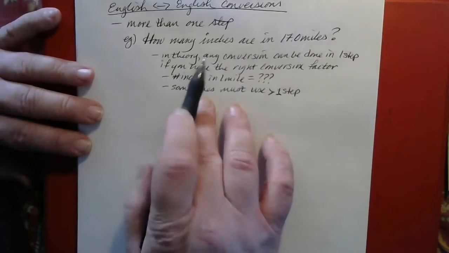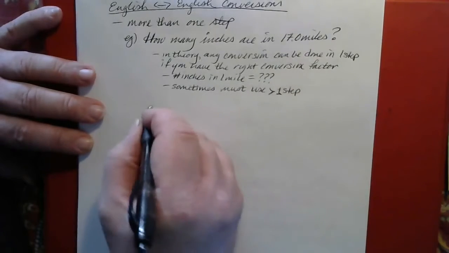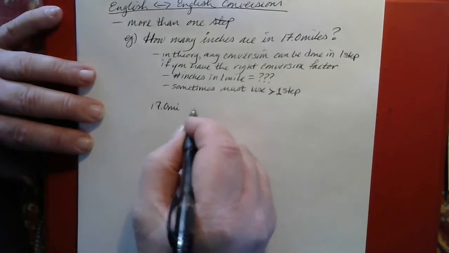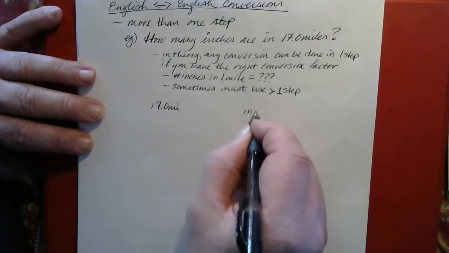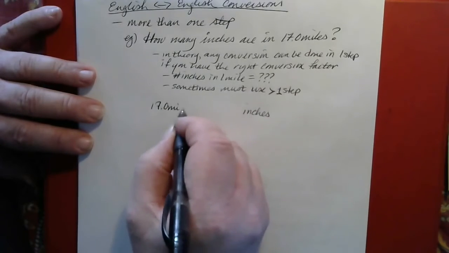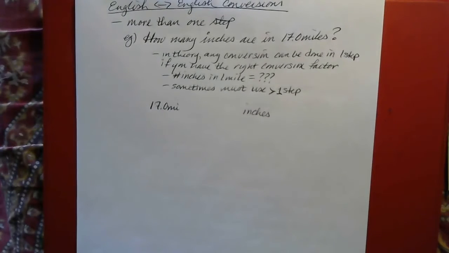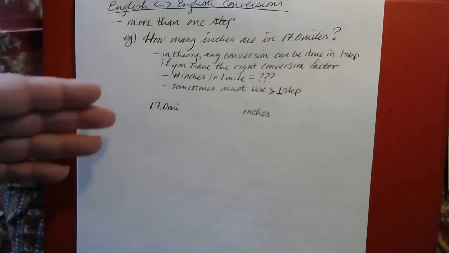So let's see, you're starting out with 17 miles, and you want to go to inches. In a case like this, you might want to think about what falls between those two units in magnitude.